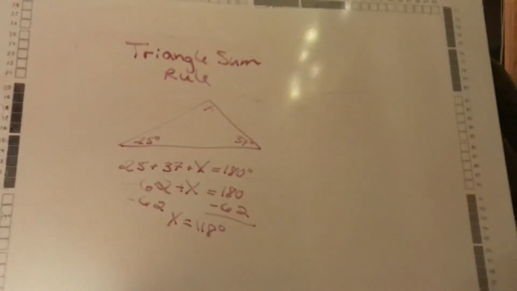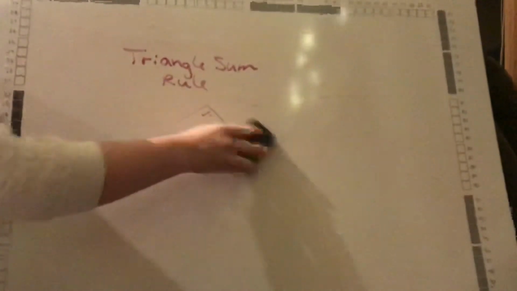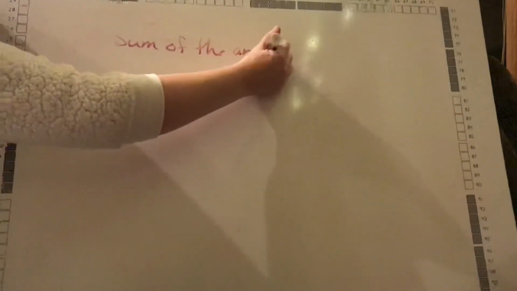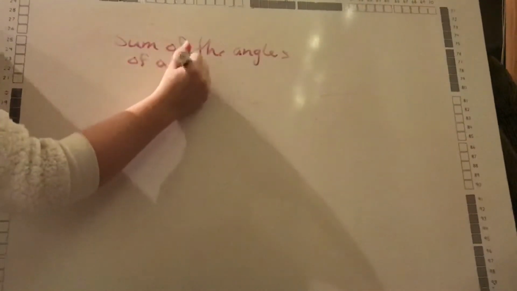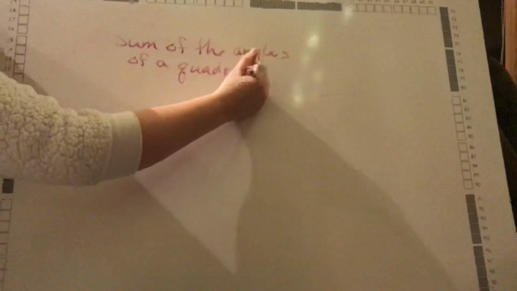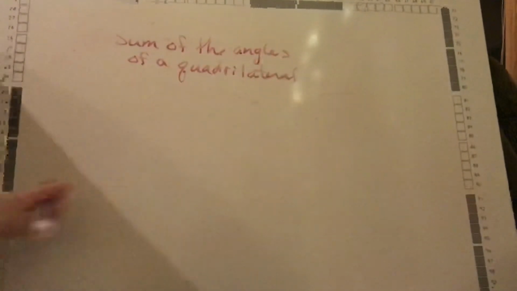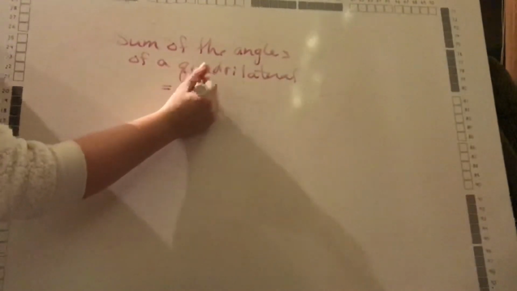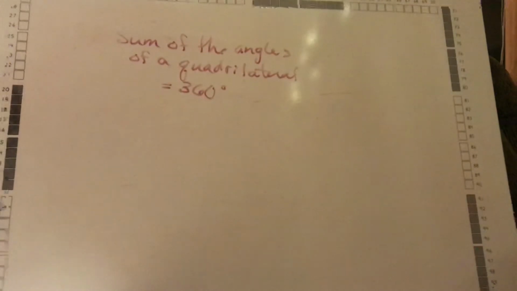Okay, well, what if you don't have a triangle? Let's say you have a quadrilateral. Well, the sum of the angles of a quadrilateral equals 360 degrees.